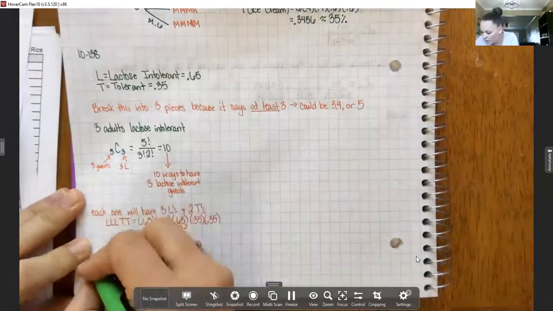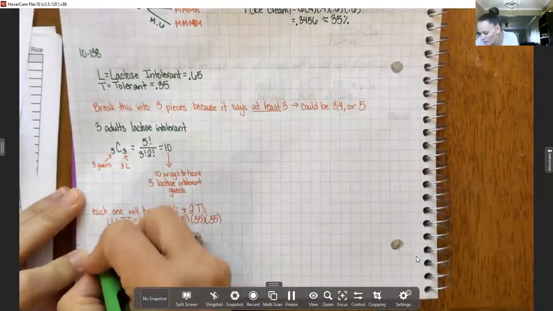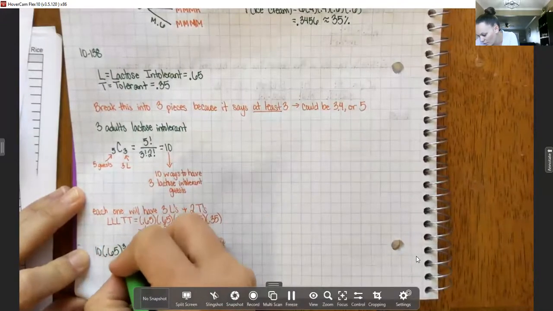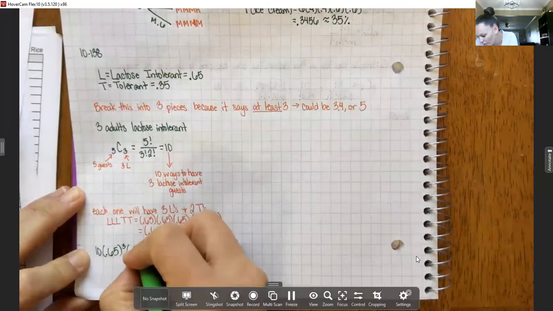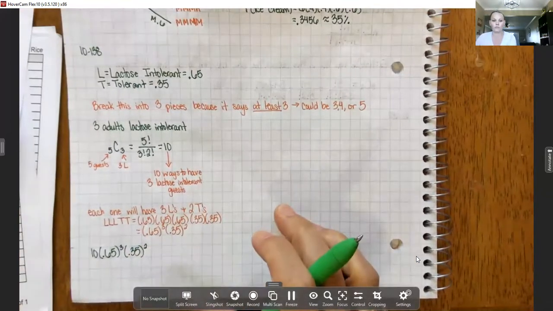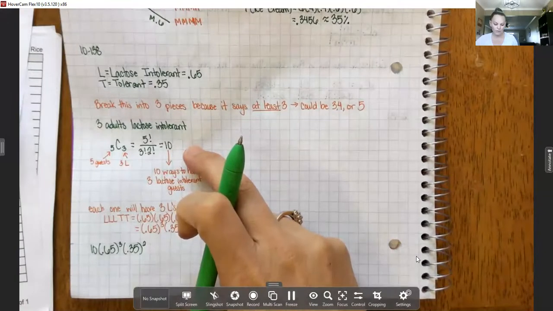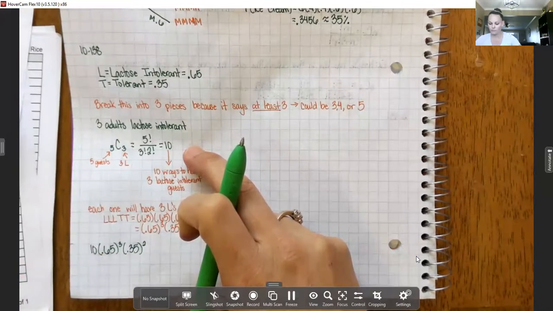So this would be 10 times 0.65 cubed times 0.35 squared. Again, there's 10 ways in our list that would happen. And then each one is 0.65 cubed and 0.35 squared.